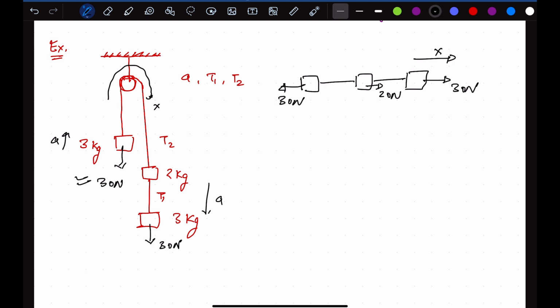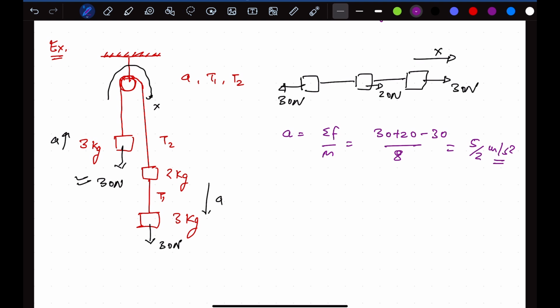Is there any other external force? No other external force. So the acceleration is total force divided by mass, which is 30 plus 20 minus 30, divided by 8, which comes out to be 5 by 2 or 2.5 meter per second square.